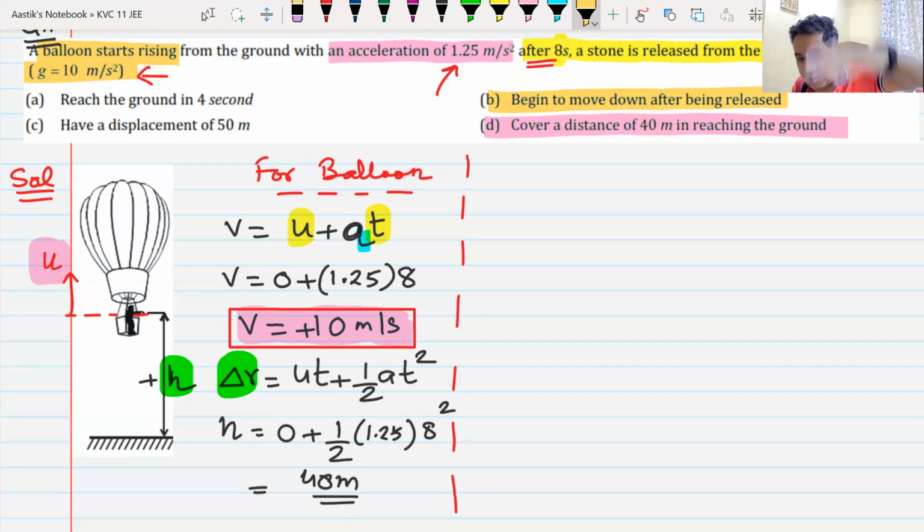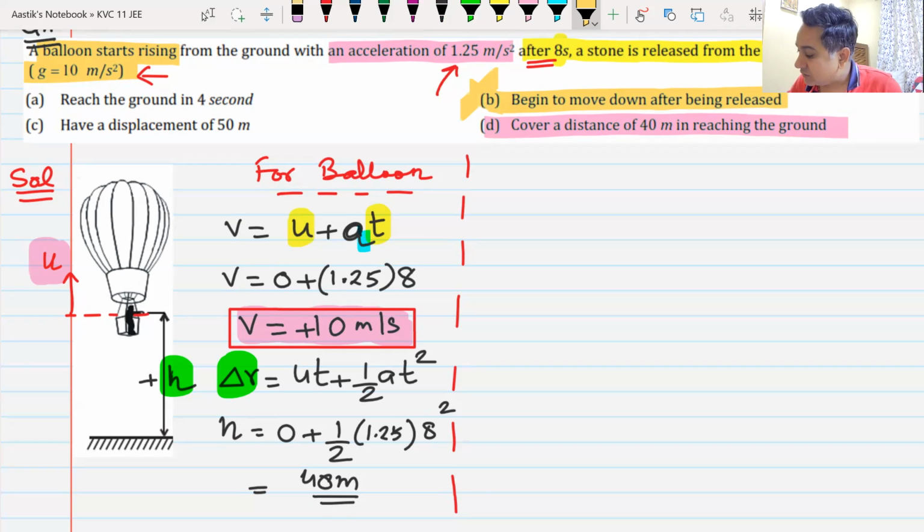Does the balloon move down after being released? No, it does not move down because it first moves upwards, velocity becomes 0, then it moves down. Do we understand this? Well done. So this option is wrong.